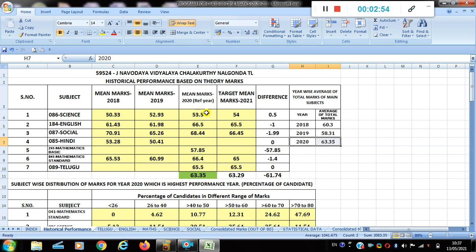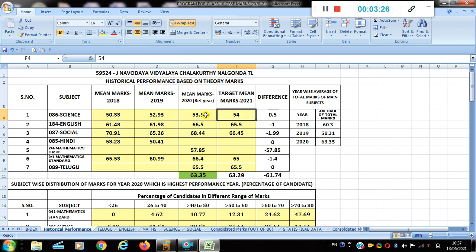Okay, friends, plan in such a way that the reference year marks will be in the third column, here. Suppose your reference year is 2019, please place 2019 in this column E, so that the target mean year is just one to the right side, and we can easily understand the difference.